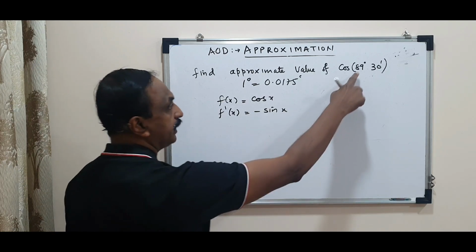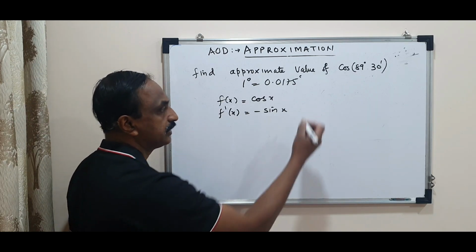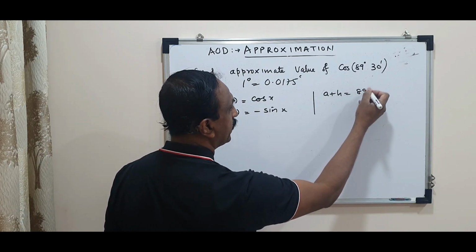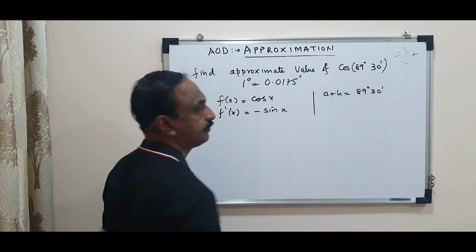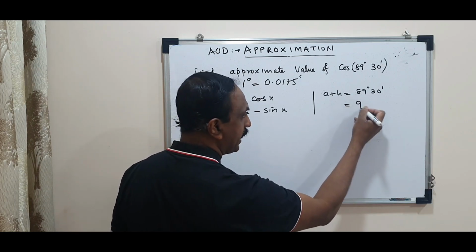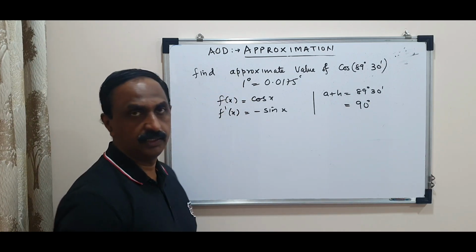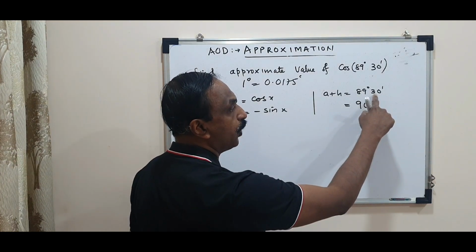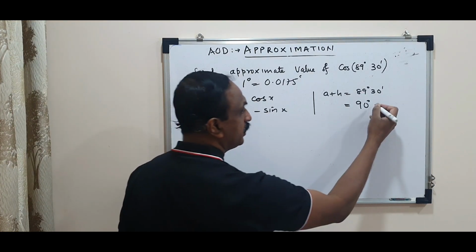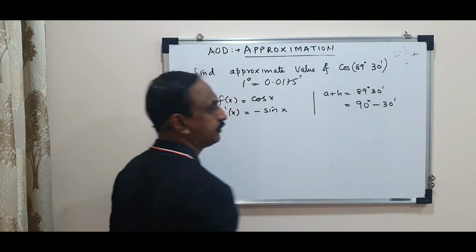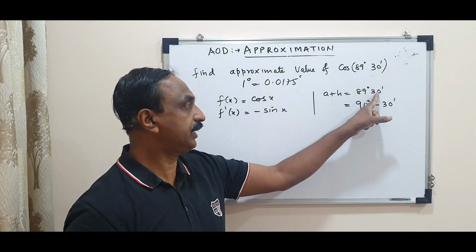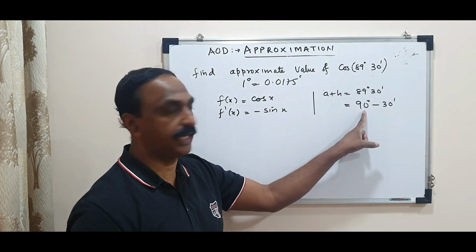Now the number should be converted to radians. So I'll take here a plus h as 89 degrees 30 minutes, which is 90 degrees minus 30 minutes. You know that 60 minutes makes 1 degree. So you need 30 minutes more to make it 90 degrees. So 89 degrees plus 30 minutes plus 30 minutes will make it 90 degrees.